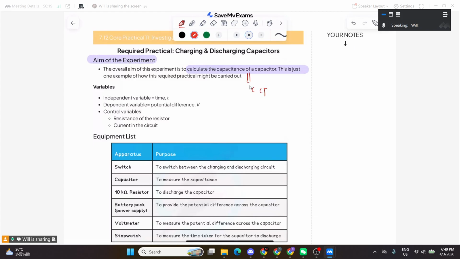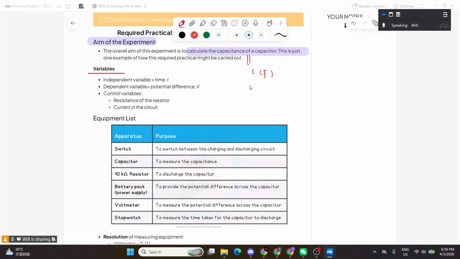The farad. Okay. And here's one example of how to construct the practical. First we have to find the variables. If we do the experiment, first we have to find the variables. Right.